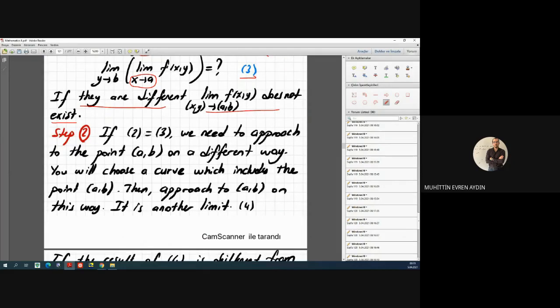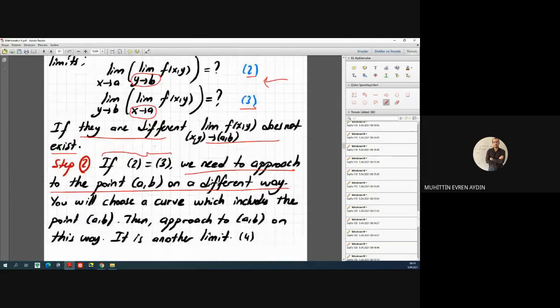Okay. If those are equal, please have a look here. If those are equal, we need to approach the point in a different way. Namely, if those are equal, it doesn't mean that the limit exists.